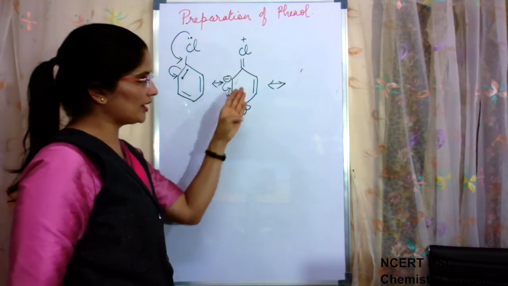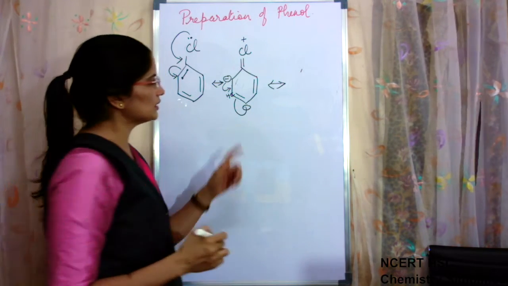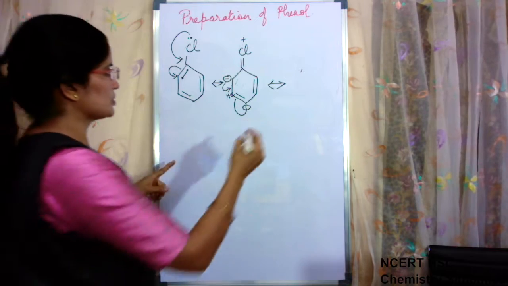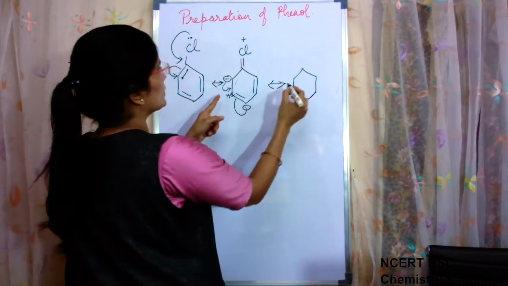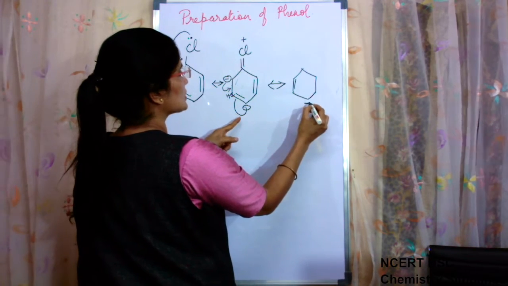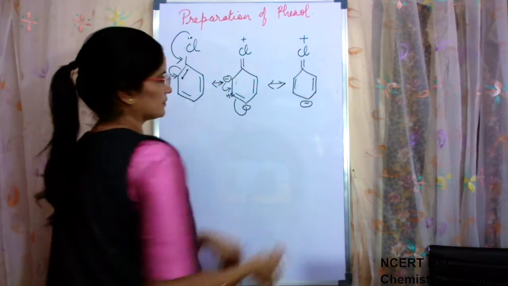So to maintain its 4 bonds, this bond will shift to give a negative charge on the para position.